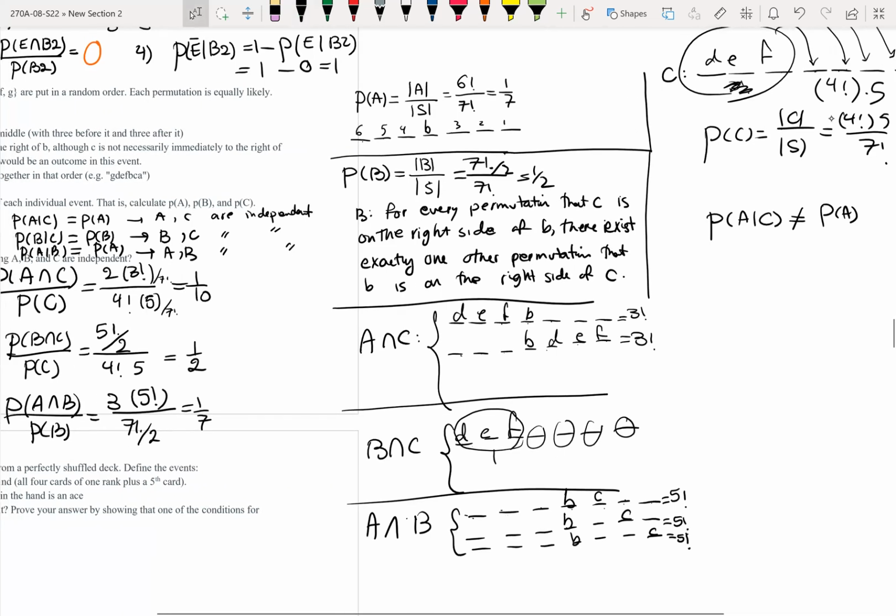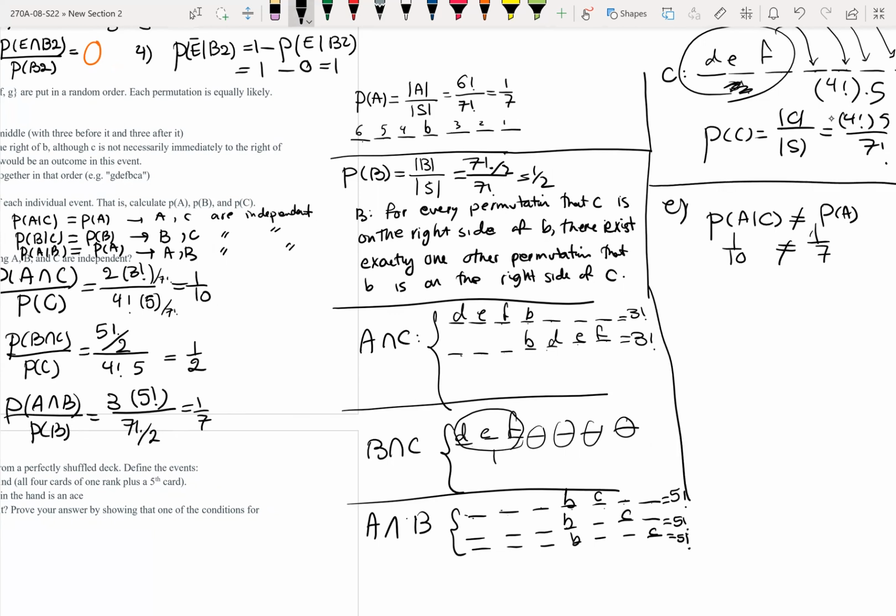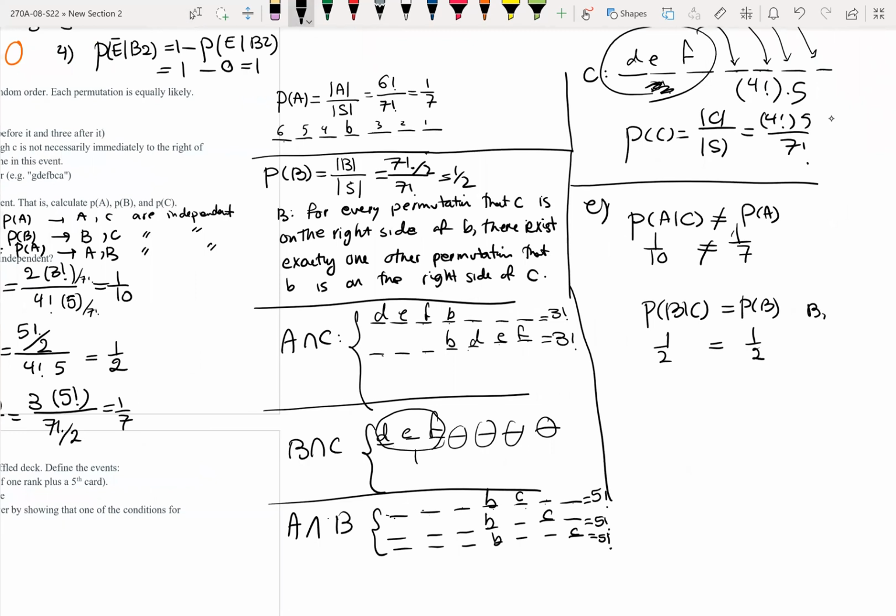Because for one you got 1/10 and for the other you got 1/7. So that is not independent. For the probability of B given C, we got 1/2, and the probability of B is also 1/2. So B and C are independent.